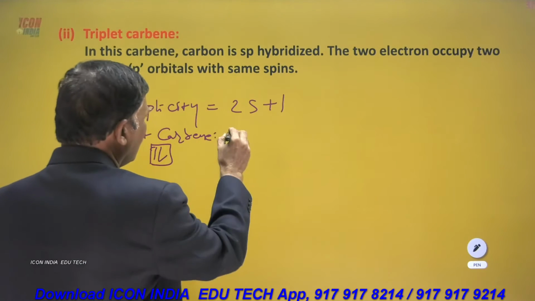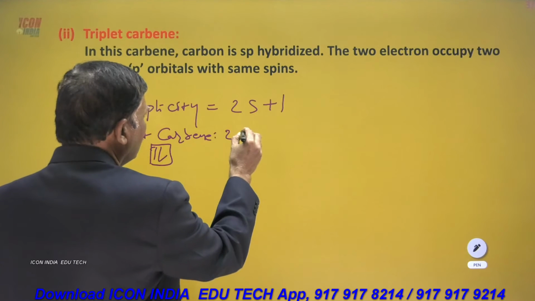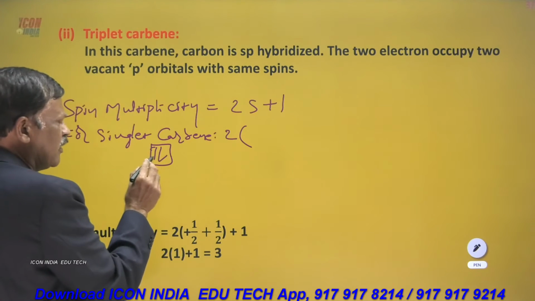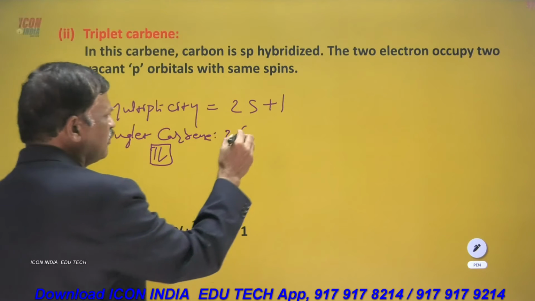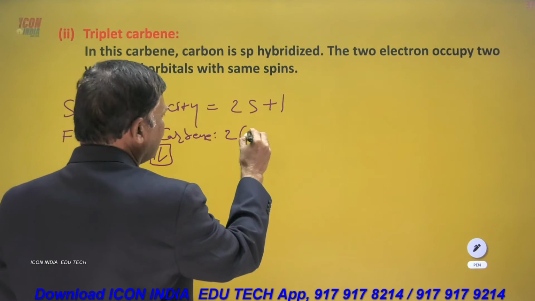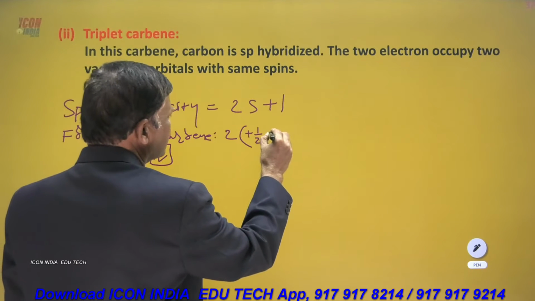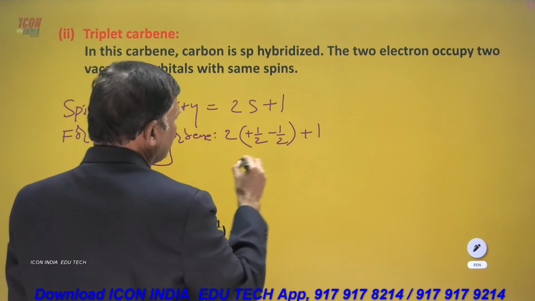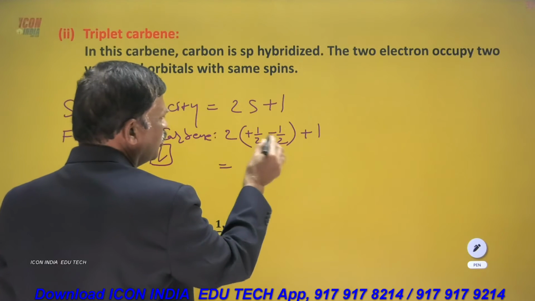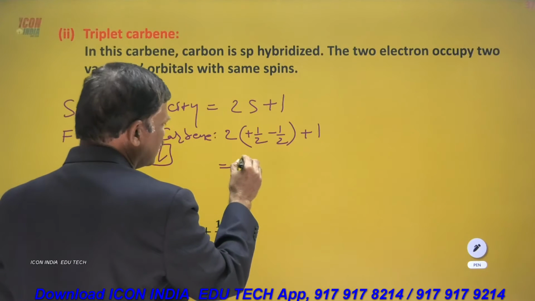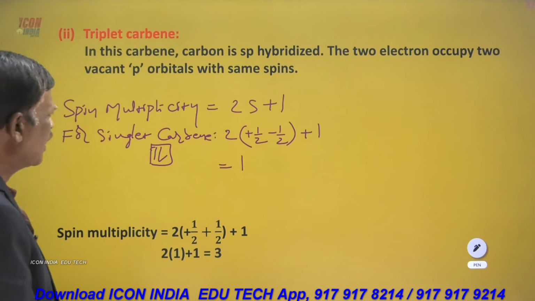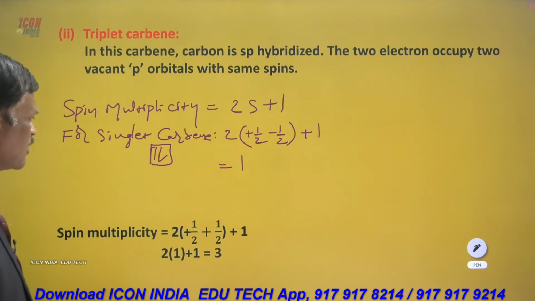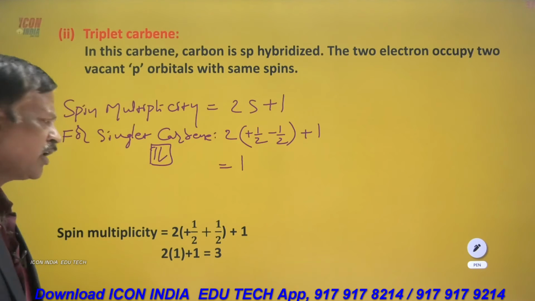So, 2 into the spin value for one electron plus half, for the other electron minus half. For 2 electrons together, it is 0. Plus 1, equal to 2 into 0, 0, so 1. That is the reason it is called singlet carbene, where 2 electrons of carbon are present in the same orbital.